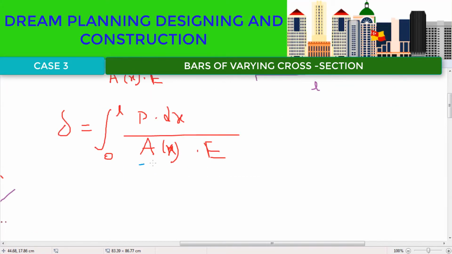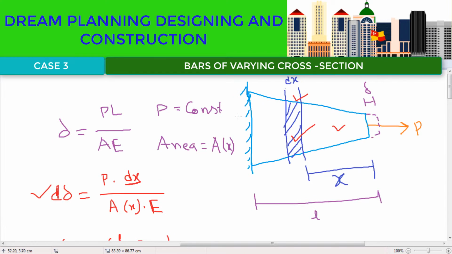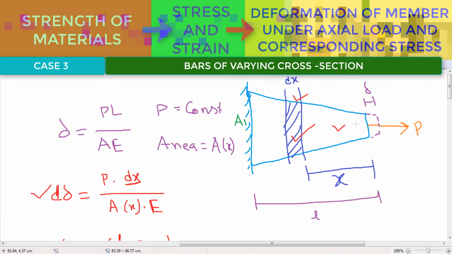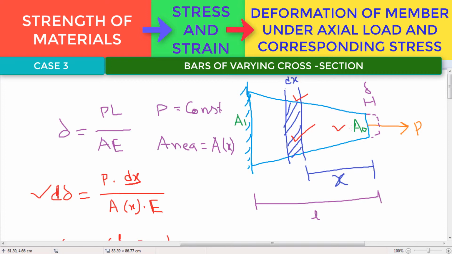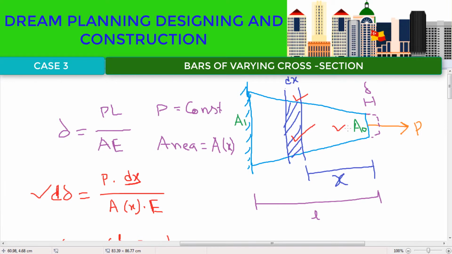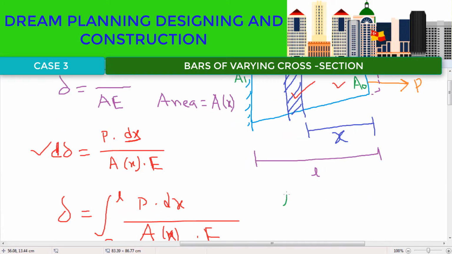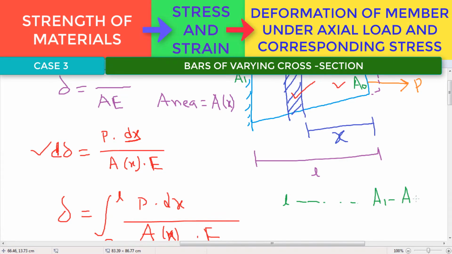Here how can I put the value of x? Suppose we consider at support area is A1 and at free end area is A0. So for L length, the change of area is A1 minus A0.